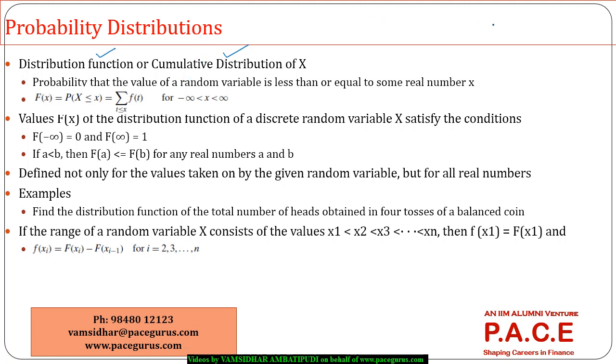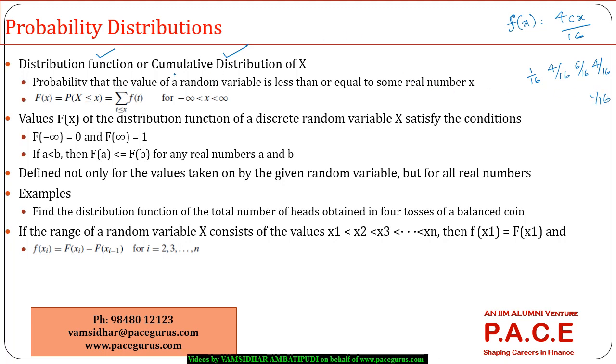So we have already got f of x equal to 4Cx by 16. And probabilities-wise also, we have 1 by 16, 4 by 16, 6 by 16, 4 by 16, and again 1 by 16.